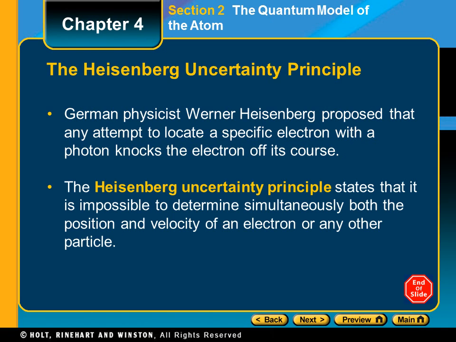The point is, if you use this experimental procedure to locate an electron, you are not able to determine the position and velocity of an electron or any other particle, because the photon is knocking it off its course to begin with. So these end up being uncertain probabilities and uncertain amounts, quantitative data, and it becomes known as the Heisenberg uncertainty principle.